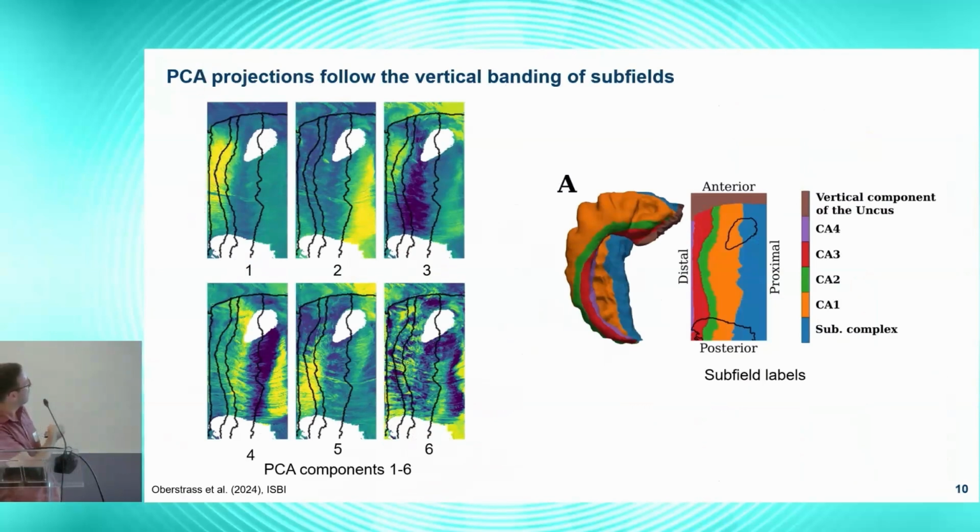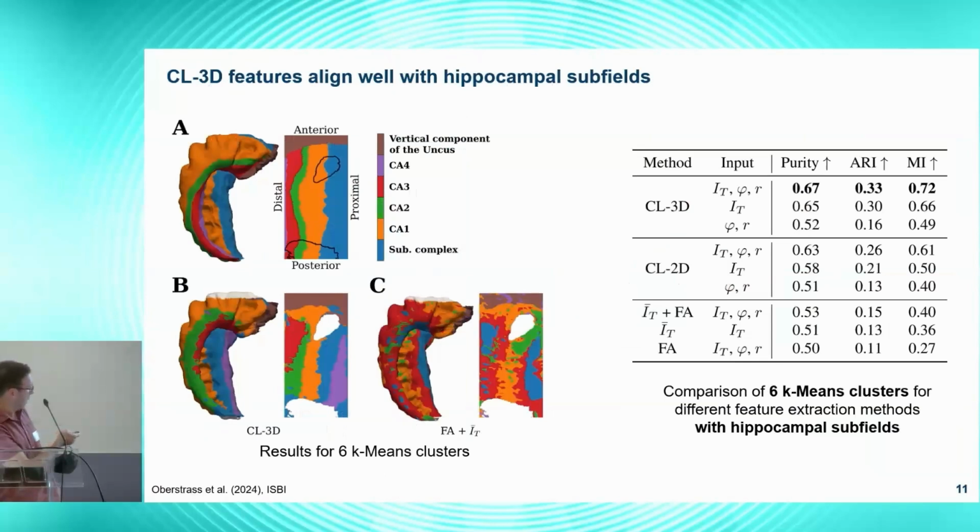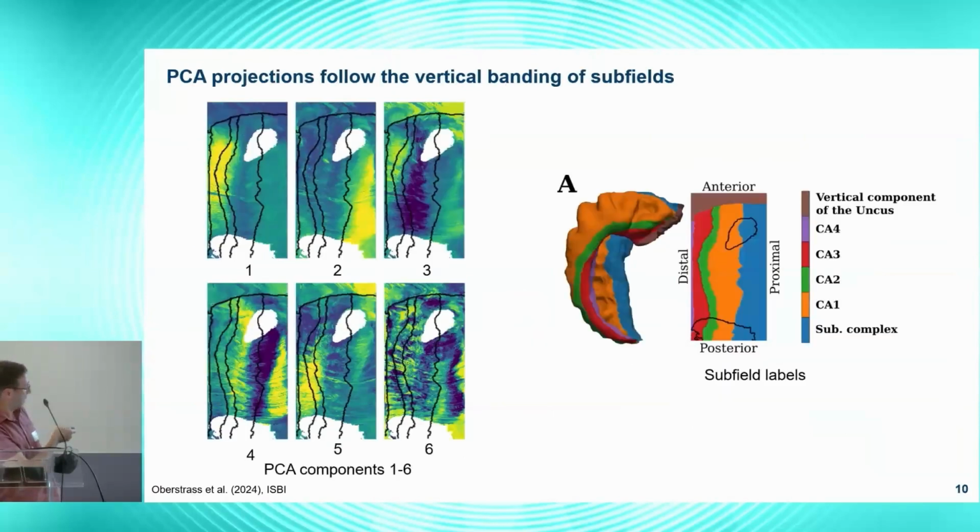Sometimes we also see a mixture, but it is in part quite distinct how closely these principal components highlight the different subfields without, of course, having seen in training any subdivisions of the hippocampus.